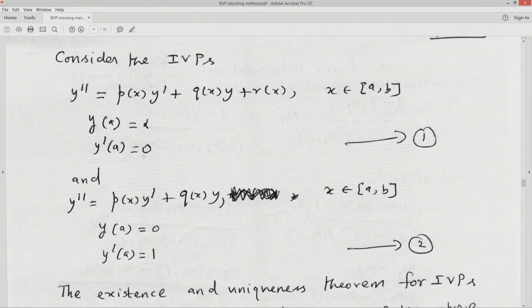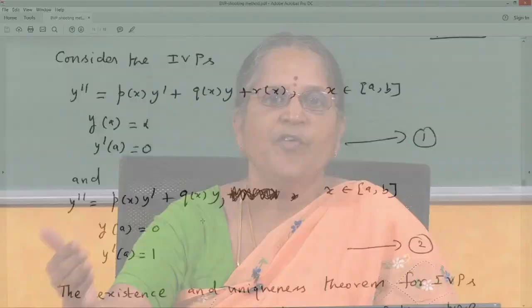Let us write down the second initial value problem. What is the governing second order equation in this case? It says take the differential equation to be the corresponding homogeneous differential equation for the boundary value problem. What do you mean by that? You have to put r of x to be 0.